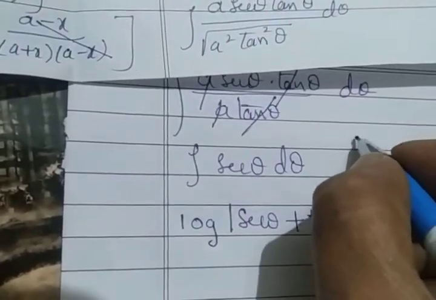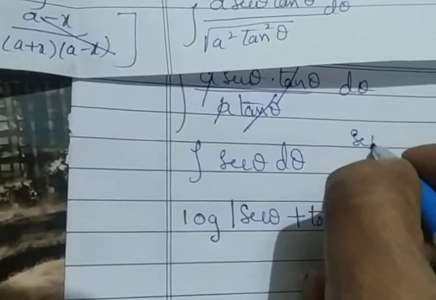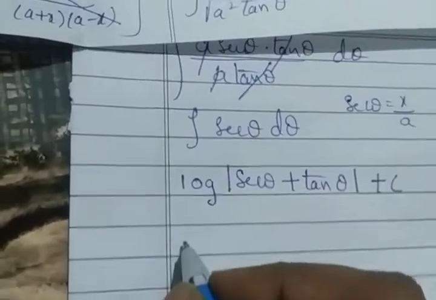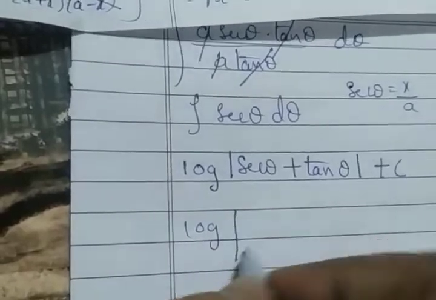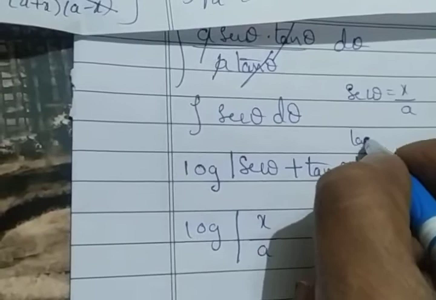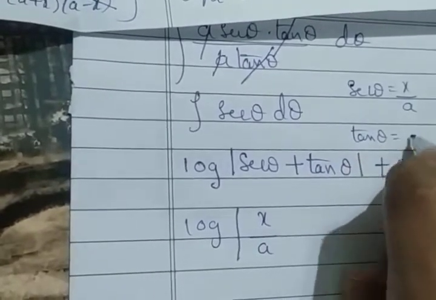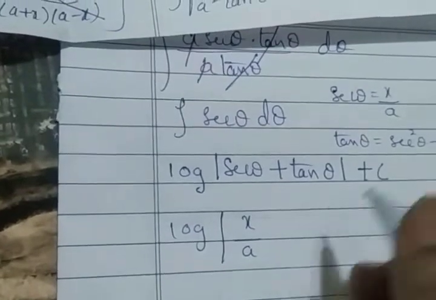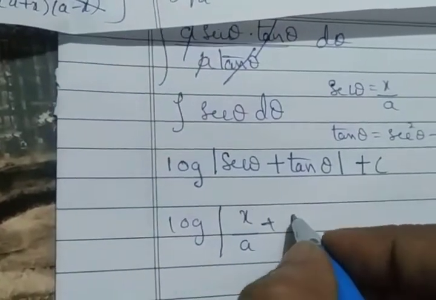So you know that secant theta is equal to x by a, isn't it? Log of x by a. So tan theta can be written as root of secant square theta minus 1. Secant square is nothing but what?